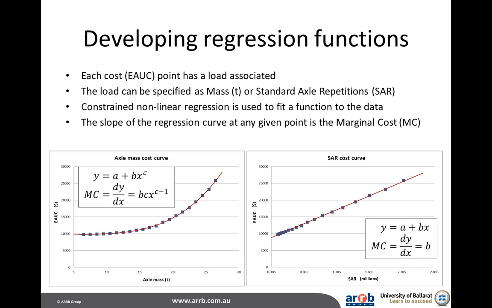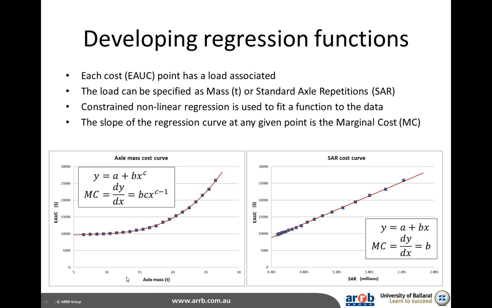Each cost has a load associated with it. And these loads can be specified either by the axle mass that was used to get that loading scenario, or the overall SAR from that loading scenario. And you can see that in these two graphs down here.